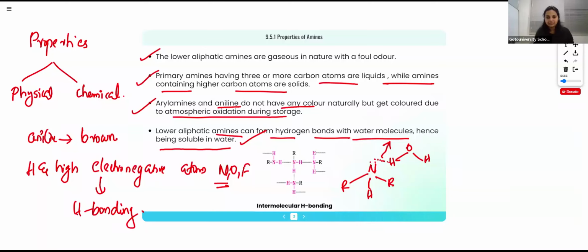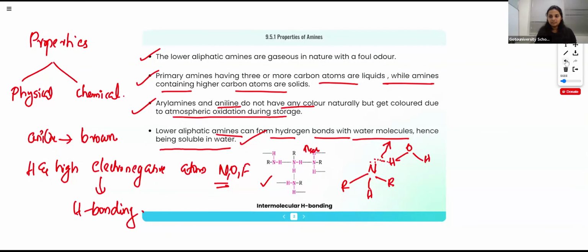Don't be confused. Between the amine molecules also, when the number of carbon atoms increases, their nature moves from liquid to solid. Why? These intermolecular interactions increase.